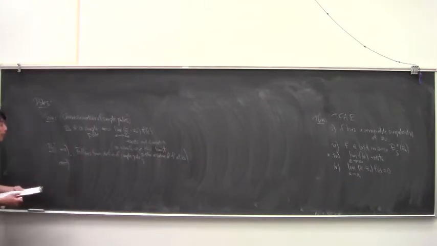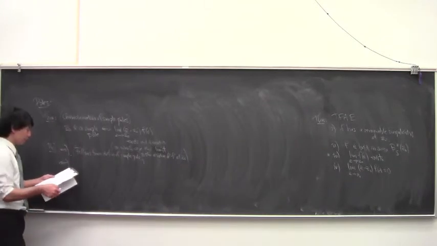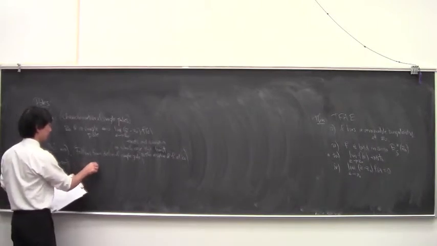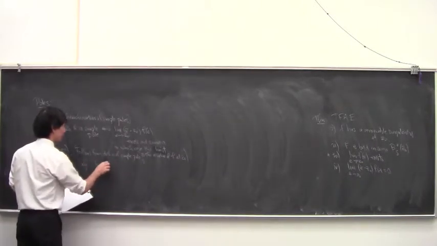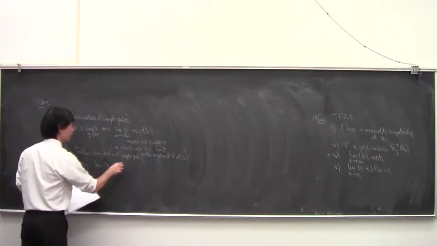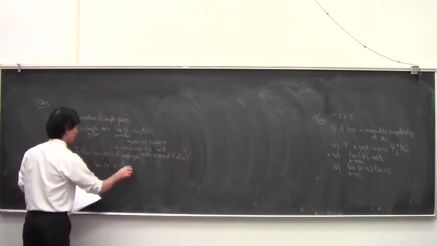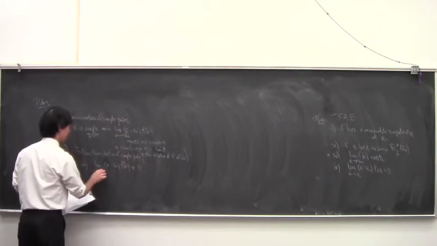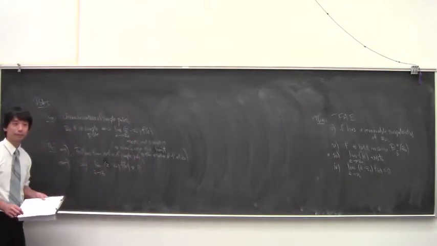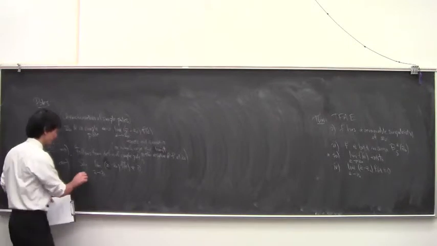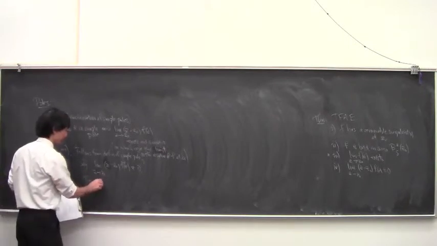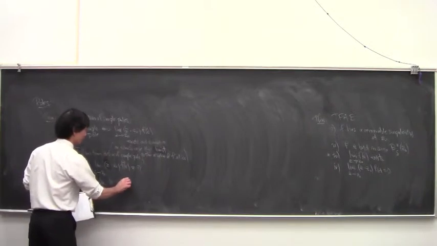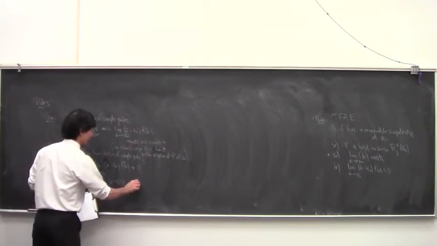Okay, and then the backwards direction is sort of clever. You say, well, let's say that the limit of z minus z0 times f of z is some number that's not equal to 0. Then in that case, we're going to look at the limit of z minus z0 times that same expression.